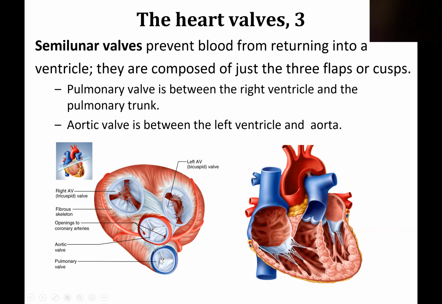Between the right ventricle and the pulmonary trunk, you have the pulmonary valve. And between the aorta and the left ventricle, you have the aortic valve.